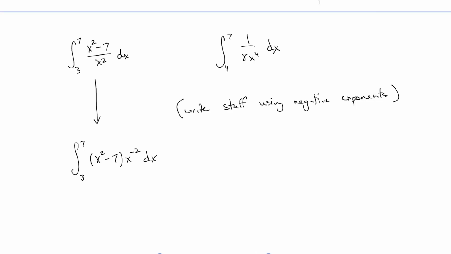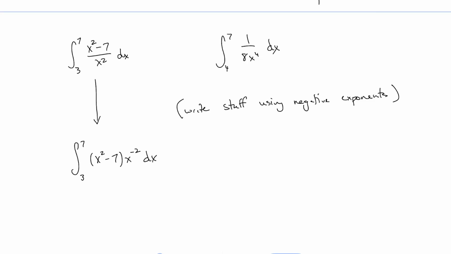This is a standard trick, which is going to come up every so often. If you have a power of x in the denominator, that is the same as multiplying by that same power of x, but make it negative, right? Because x to the minus 2 right here means 1 over x to the 2, which is what it said originally, all right?